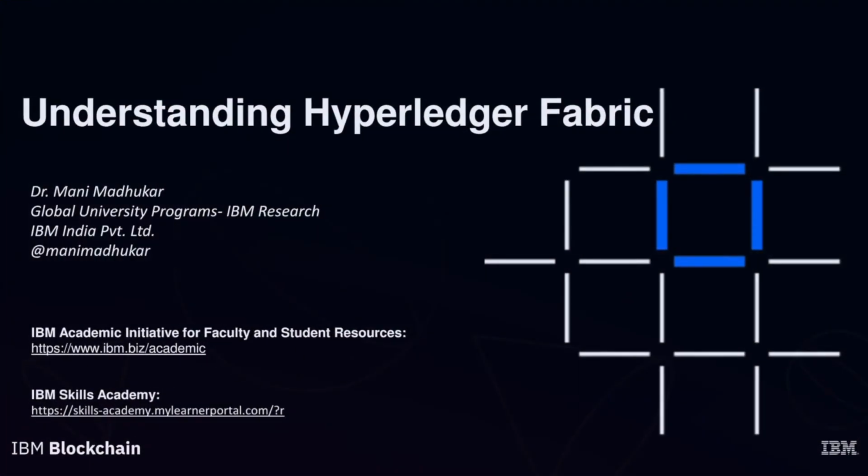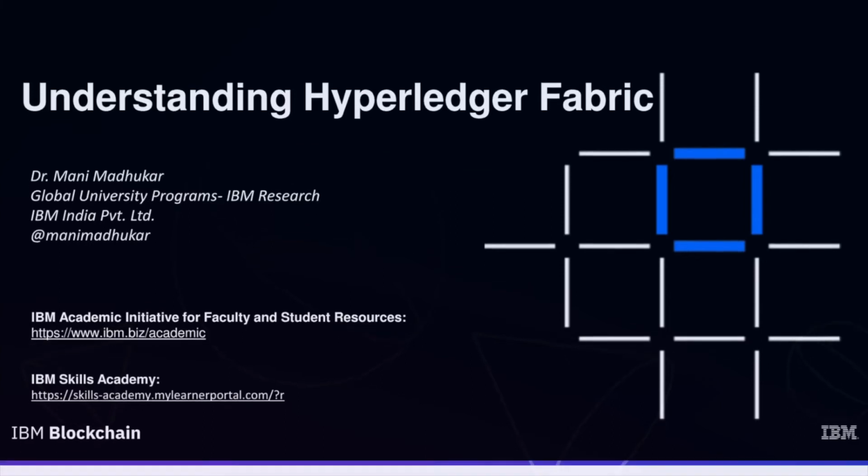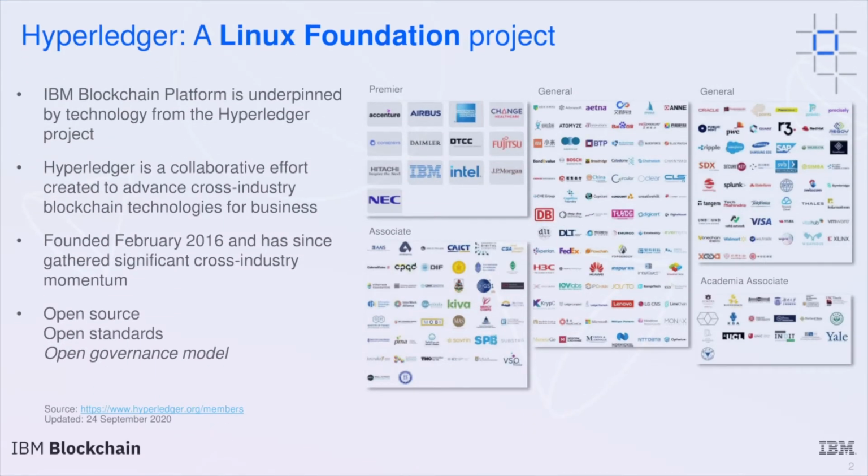So before going further, just to have a small recap, you already understood the blockchain basics and the various consensus mechanisms, wallets, what are smart contracts, and the likes of those. In this particular module, we'll start with the basics of Hyperledger Fabric, what typically a fabric is.